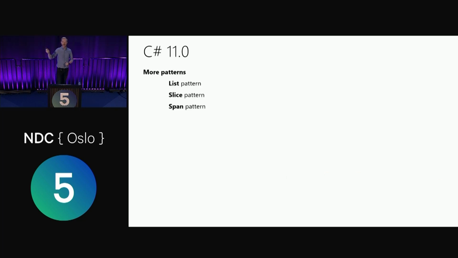As I mentioned, a pattern is to add more patterns. They're going to make it easier for us to match on lists, to say that if this list is an instance, give me the start, give me the end, or give me a portion, and that will probably be used in conjunction with a range syntax, for example. You can slice things, you can use the span patterns. There's a whole range of things that we can do. They're introducing the nameof operator.